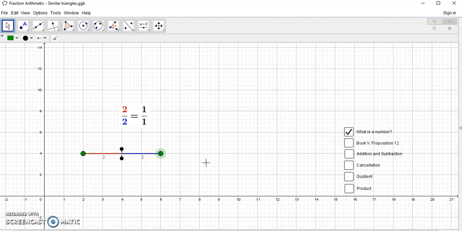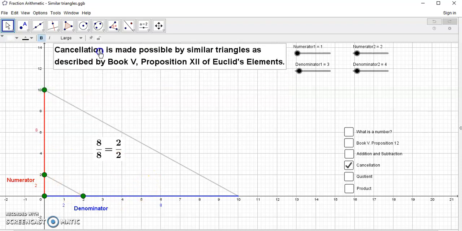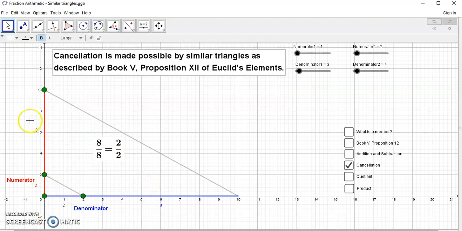So once we've named our segments, we don't have to care about equivalent ratios, because in terms of algebra, equivalent ratios are equal. So for example, it doesn't matter if you have another ratio like 8/8 and 2/2. These are the same in algebra. They're not the same in geometry, because here we are measuring the antecedent 8, and here we're measuring the antecedent 2.